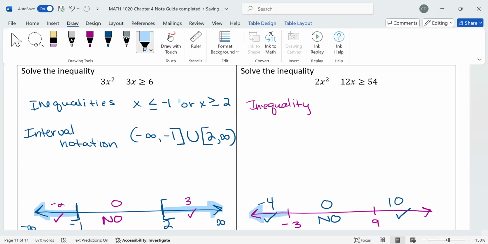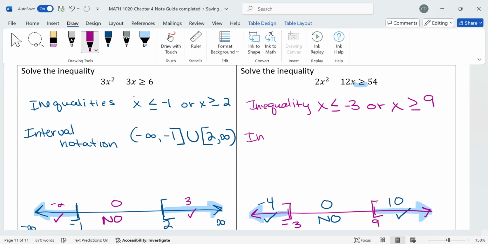Anything less than -3 or greater than 9, because the inequality symbol has a line underneath it, we have brackets on the numbers. So x is less than or equal to -3, or x is greater than or equal to 9.